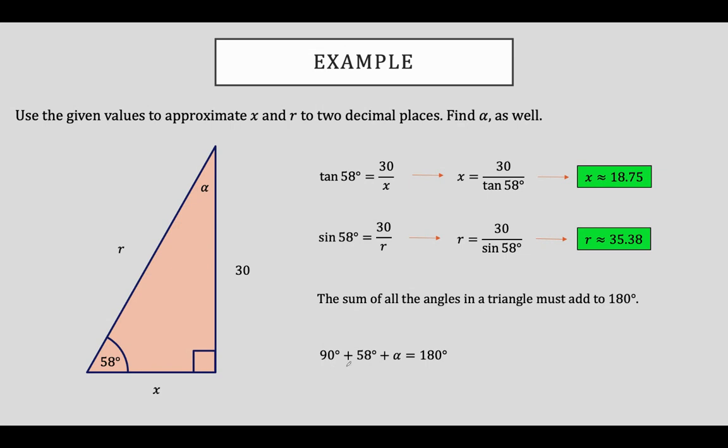I subtract 90, I subtract 58. That leaves me with alpha is equal to 32 degrees. There is our angle. All right, so there you have it. Using right triangle trigonometry to evaluate our 6 trigonometric functions of theta, as well as using that right triangle trig to help us in finding some of the sides of a right triangle.